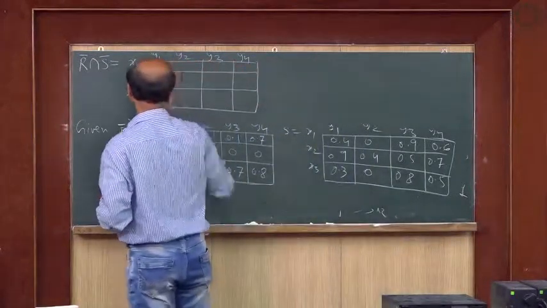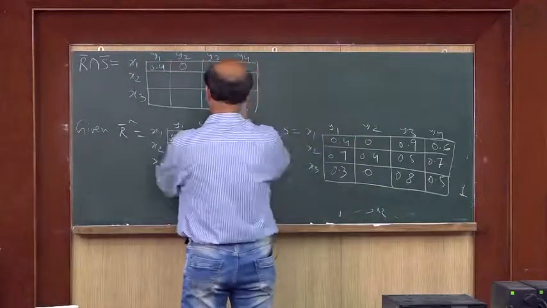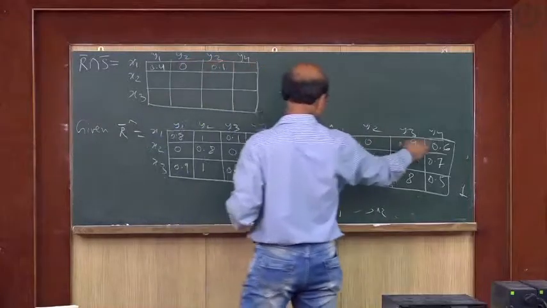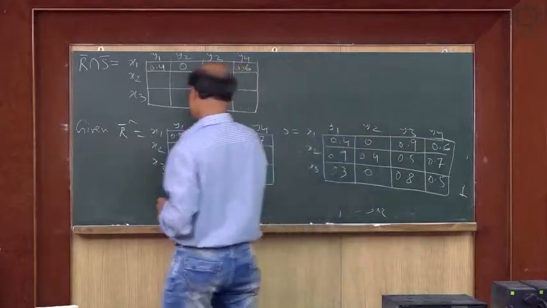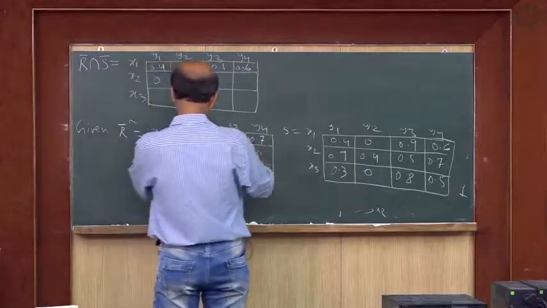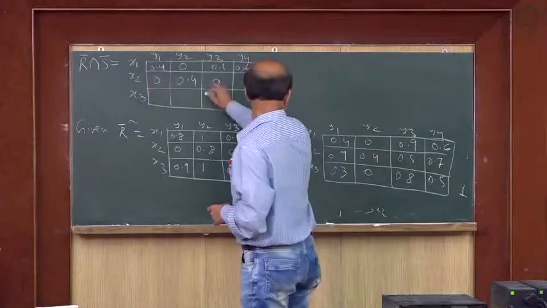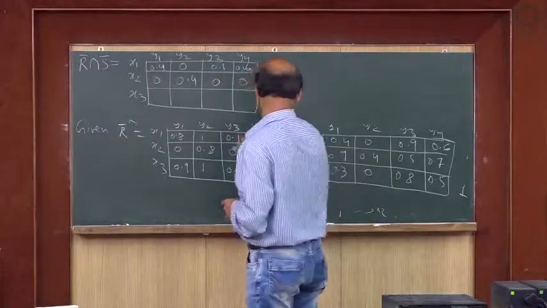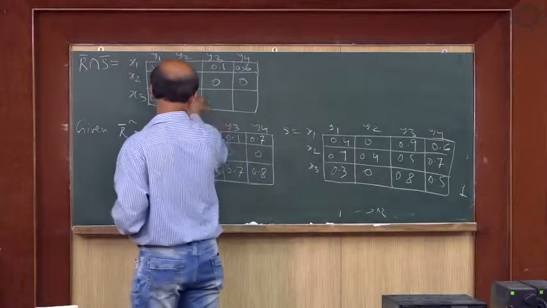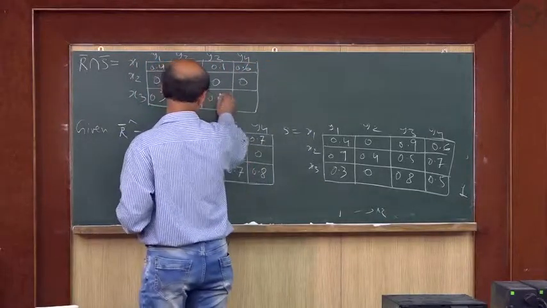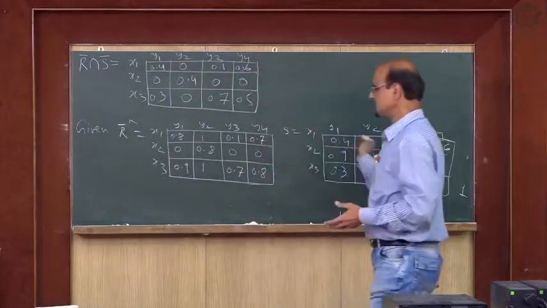You can complete the rest yourself, for example 0.6 for the next entry. Just take the minimum.